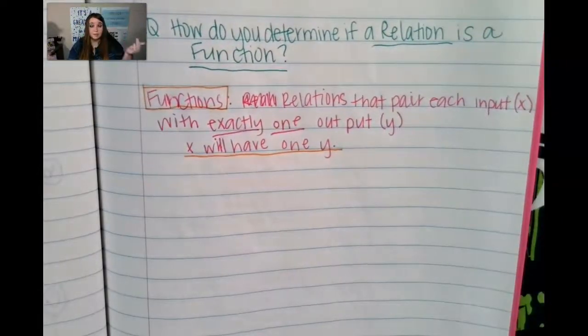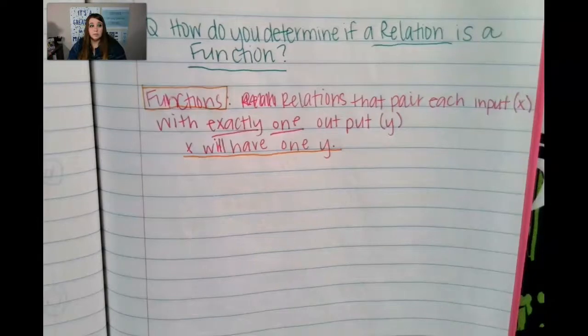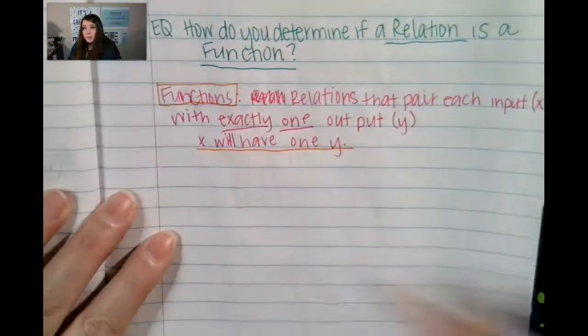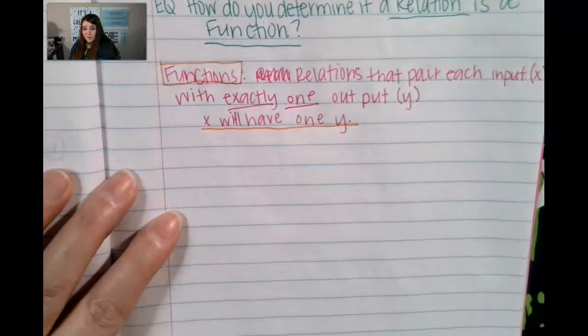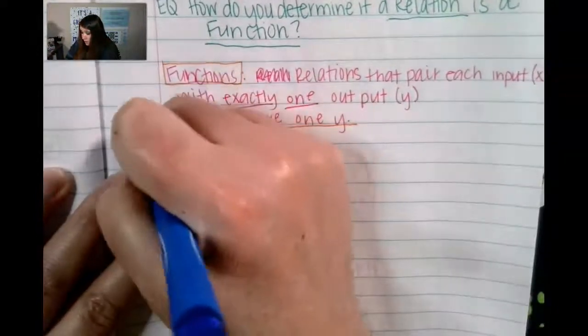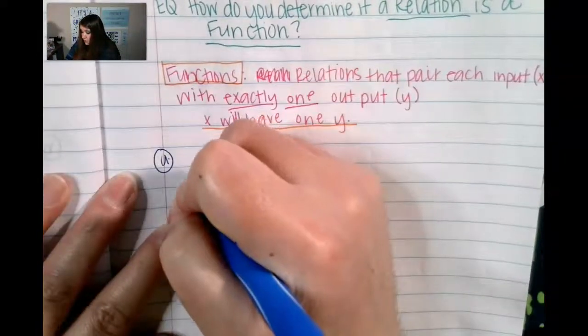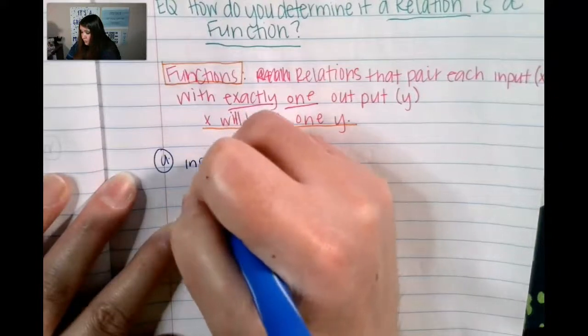And that's something that's important for us to understand as we're looking at these either mapping diagrams or some ordered pairs. Okay, so let's first create some mapping diagrams. And remember that the mapping diagrams are just a fancy way to organize your information, your inputs and your outputs.